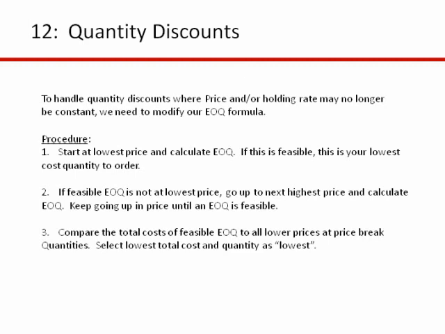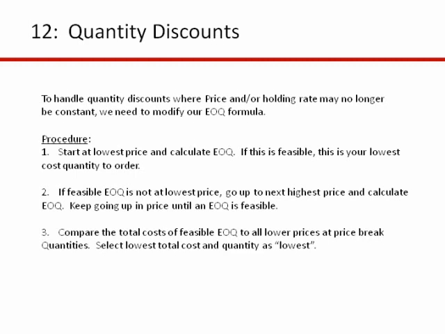All right, so how we're going to handle quantity discounts. It's a 3-step procedure. We're going to start at the lowest price and calculate the EOQ. If this EOQ is feasible at the price we calculated it at, then we are done. We don't have to do any more analysis. Then this EOQ is our lowest cost quantity to order.